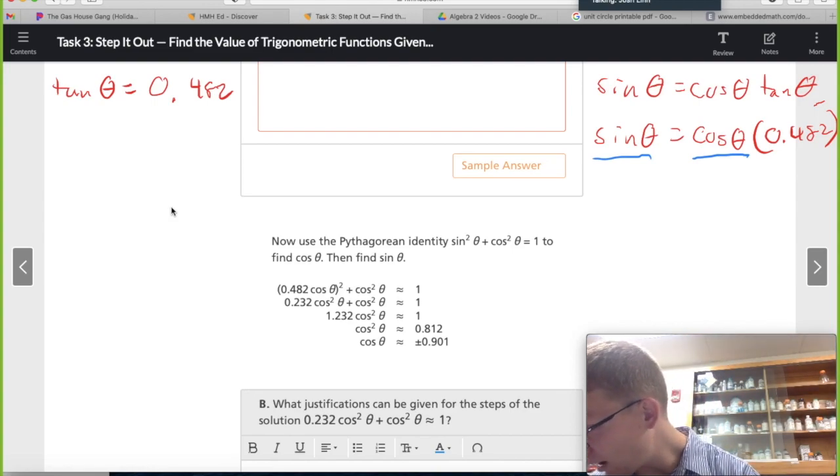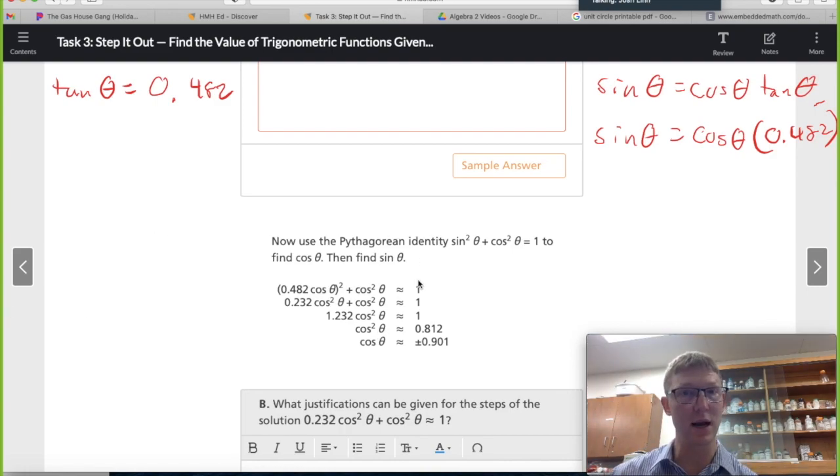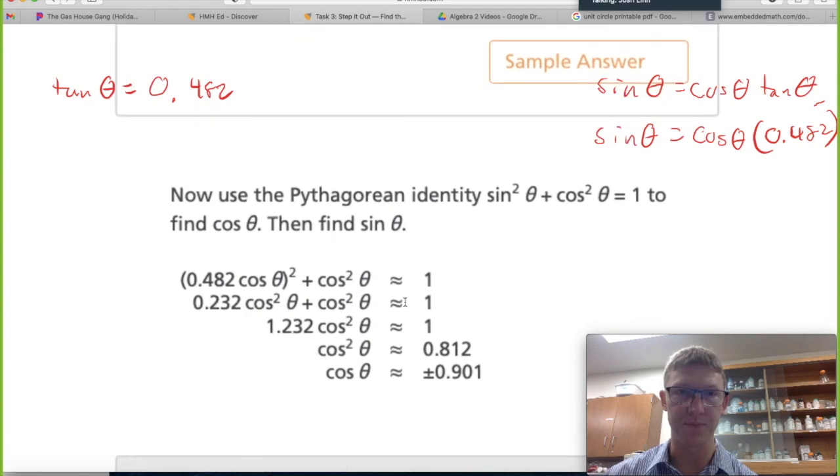So that is where our Pythagorean theorem with trig identities comes into play. We've got this in our pockets: sine squared plus cosine squared equals 1.